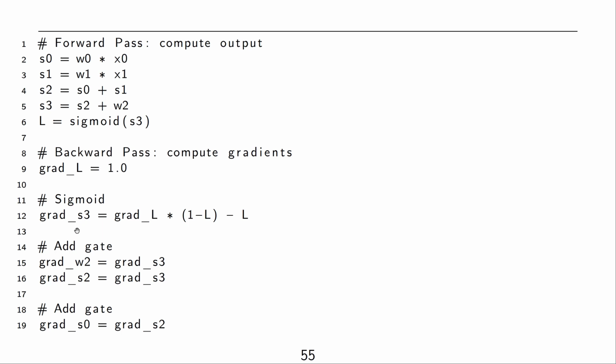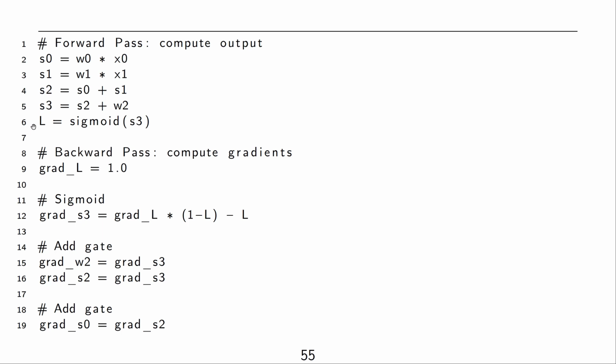All right, so then we move backwards, and the code for computing the gradients works backwards through the forward pass. In the forward pass, we had lines 2 to 6 that compute the output of the intermediates or the final node. Now we go backwards line by line and always think about the gradient.